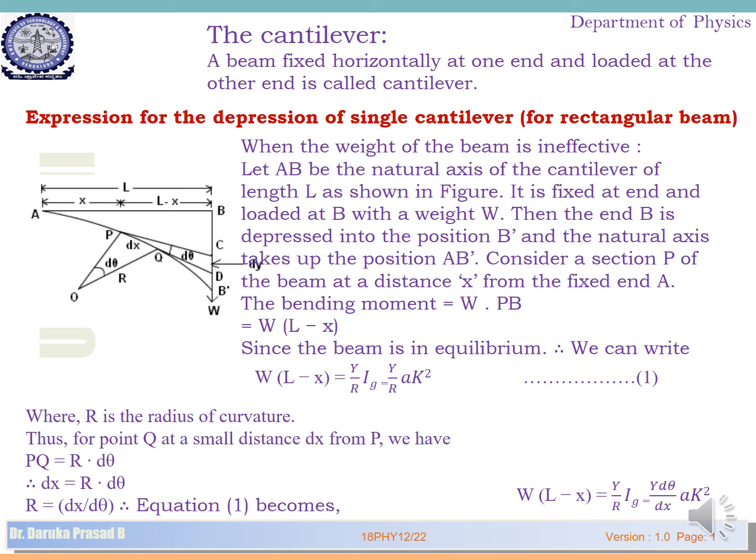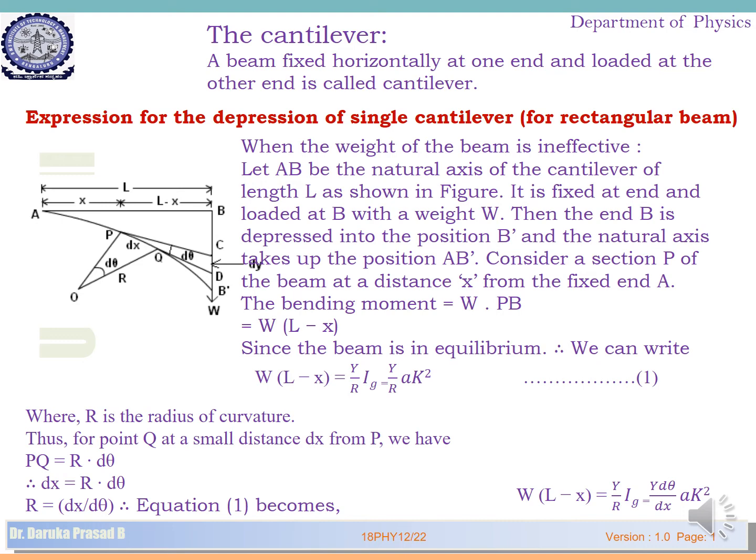Consider a section P of the beam at a distance of x from the fixed end A. Then the bending moment is W into PB, where PB is L minus x, because the total length is L, in that A to P is x, therefore P to B is L minus x.